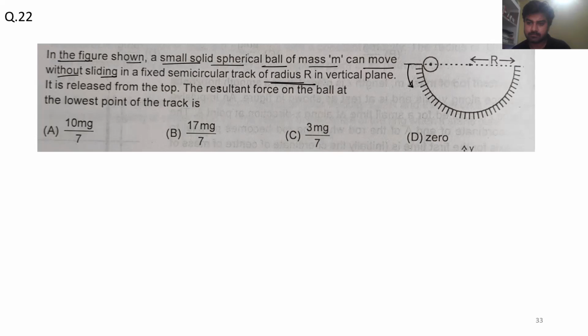It is released. The resultant force on the ball at the lowest point is, see, the concept basically here is, when this ball is released now, it will come here. When it comes here, it will have a velocity in this direction. Also, it will have a centrifugal force, Fc.